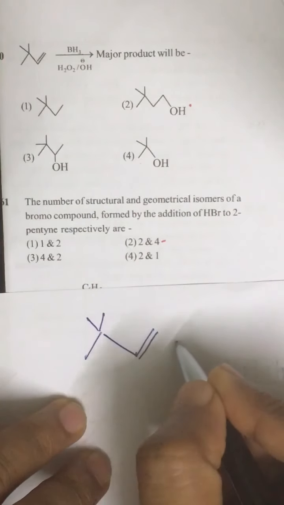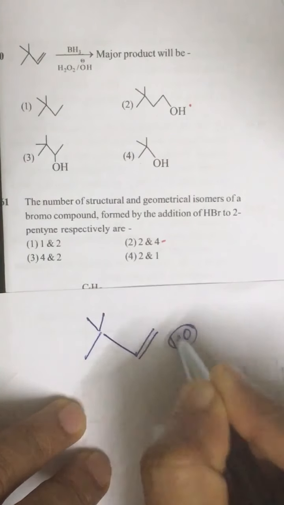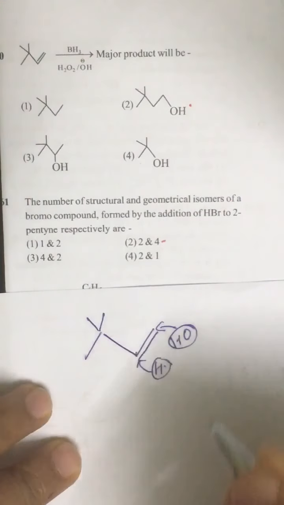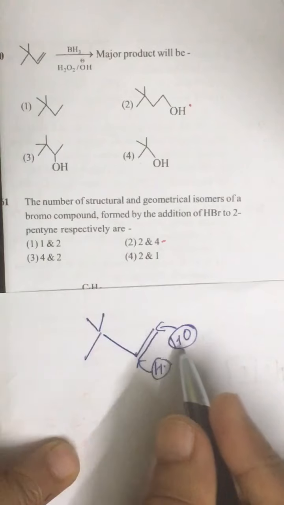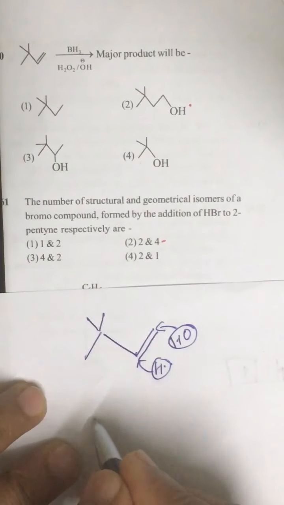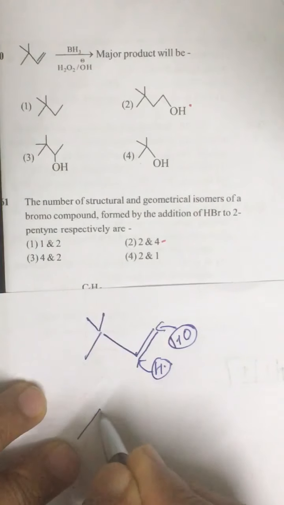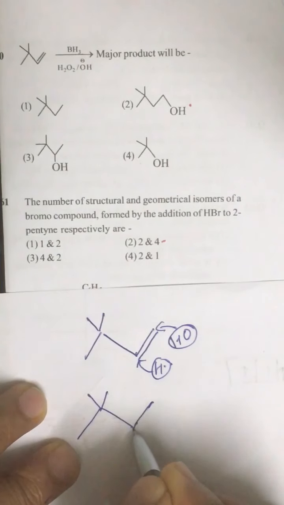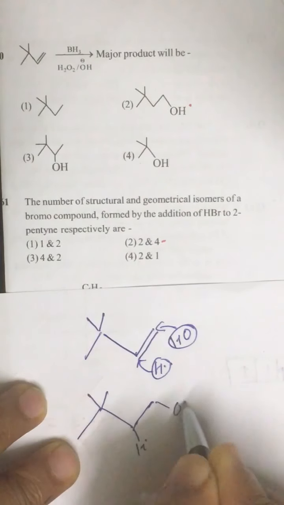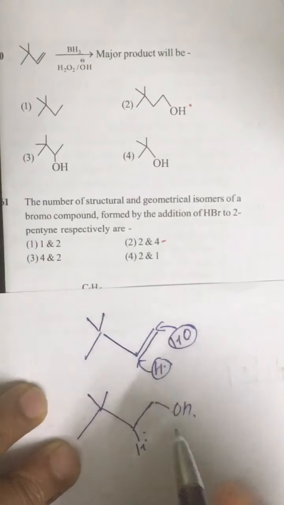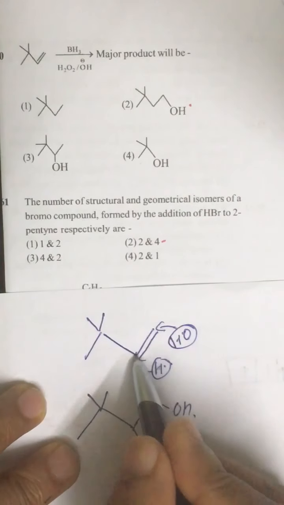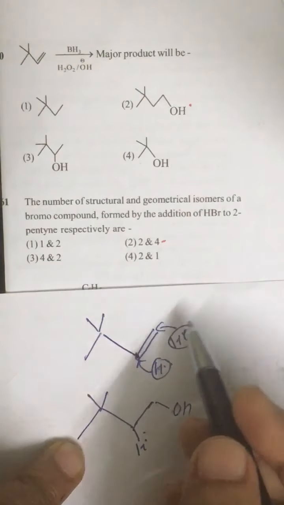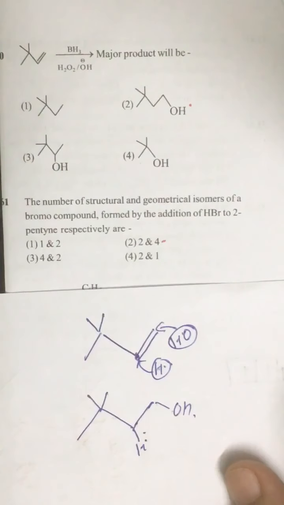So simply add OH and H. OH to this carbon and H to this carbon, and that too from the same side. If it is a comparatively higher level question, then you have to write like this. You have to add H on this carbon atom and OH on this carbon atom. This is anti-Markovnikov, meaning the positive part goes to the carbon which bears the lesser number of hydrogens. It is anti-Markovnikov's addition. So the correct answer is the second option.